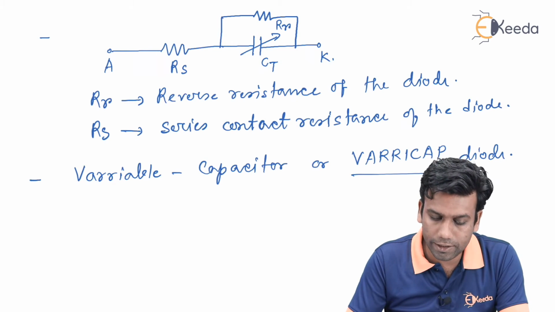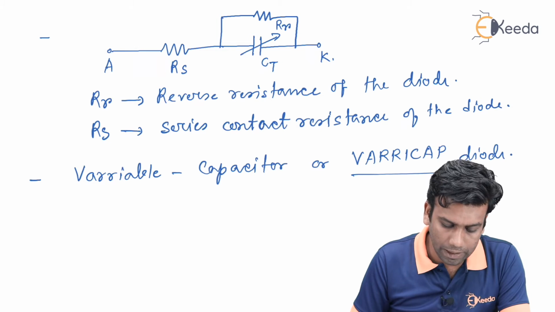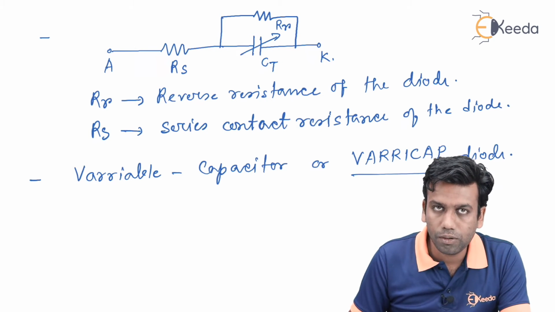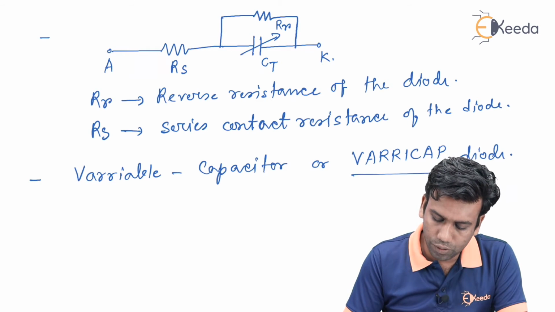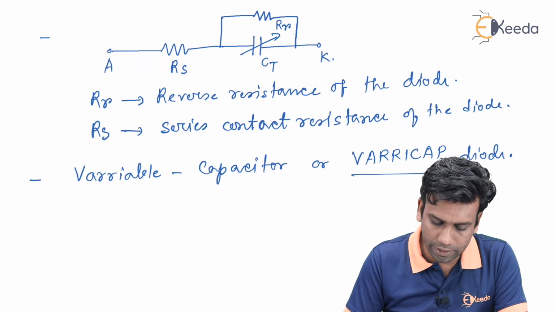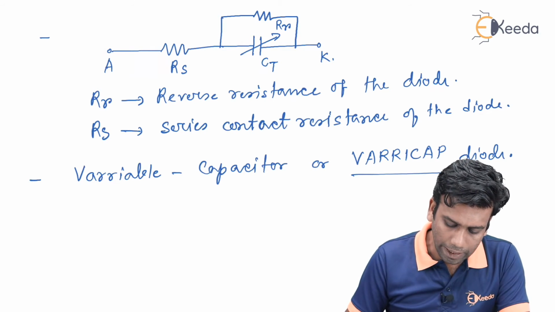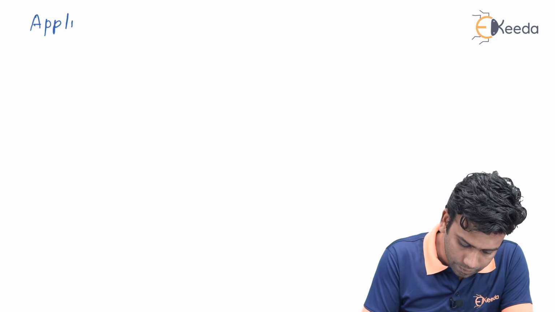Now, this Varactor diode is widely used as a variable capacitor. Without this Varicap diode, it is impossible to vary the capacitor value within the circuit itself. So, the applications of the Varactor diode are the following.